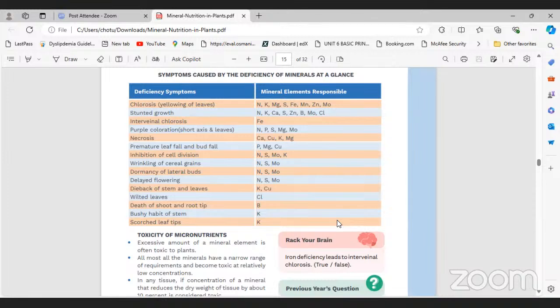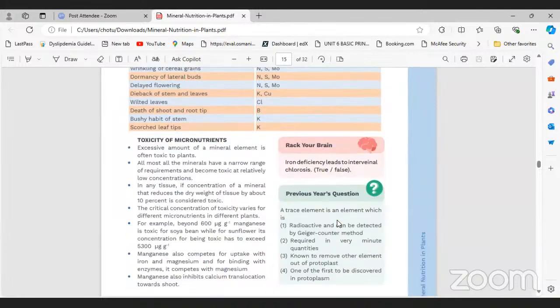Inhibition of cell division: N, S, Mo, K. Wrinkling of seeds. Dormancy of lateral buds: N, S, Mo. Delayed flowering: N, S, Mo. Dieback of stem and leaves: K and Cu. Wilted leaves: Cl. Death of shoot and root tip: boron. Bushy habit of stem: potassium. Scorched leaf tips: also potassium.